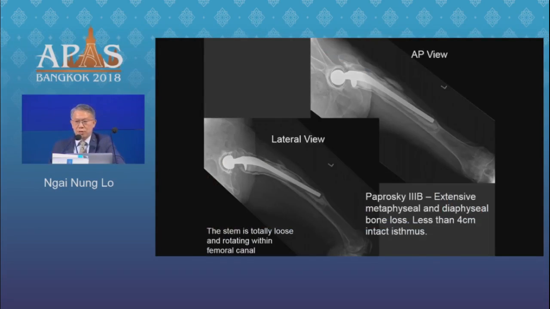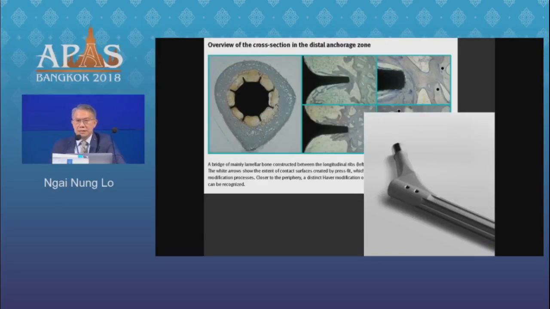Now this is a Paprosky 3B. By the time you reach a 3B, obviously you do not see the decent intact isthmus, and you start worrying, can I get good initial fixation? And in this type of scenarios, nowadays, we are more keen to use tapered titanium fluted stems.